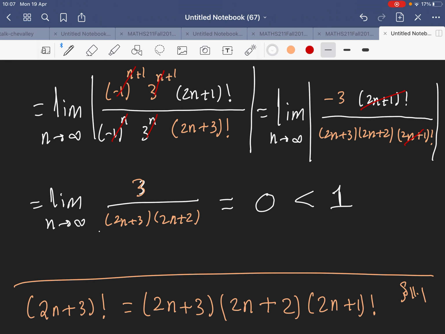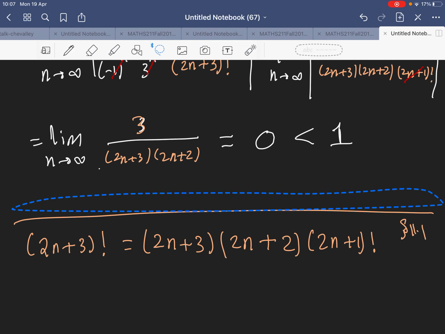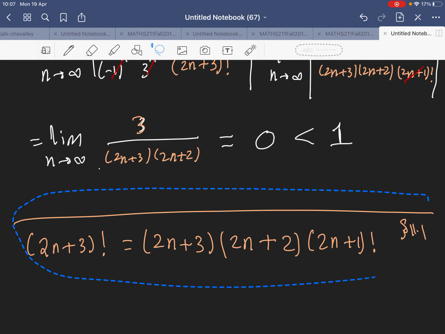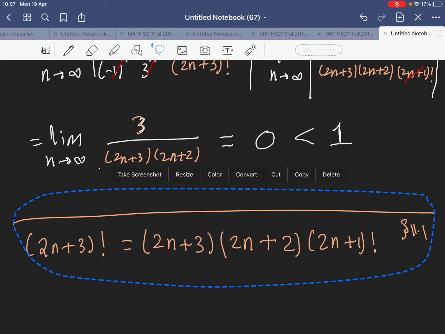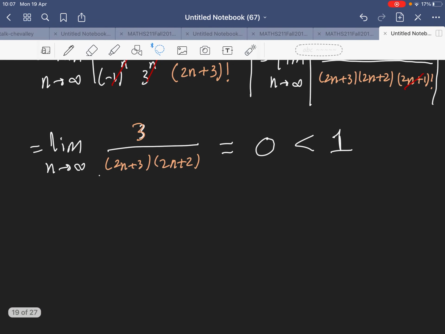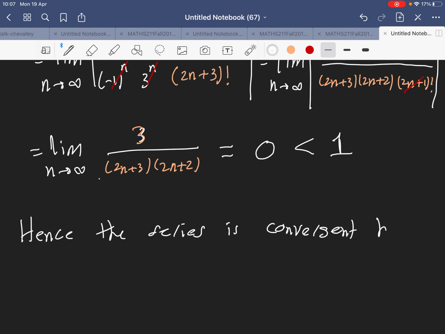So what does the ratio test tell us in this example here? The ratio test will tell us that the series, so I will write hence the series is convergent because it's less than 1, and you have to write the test.